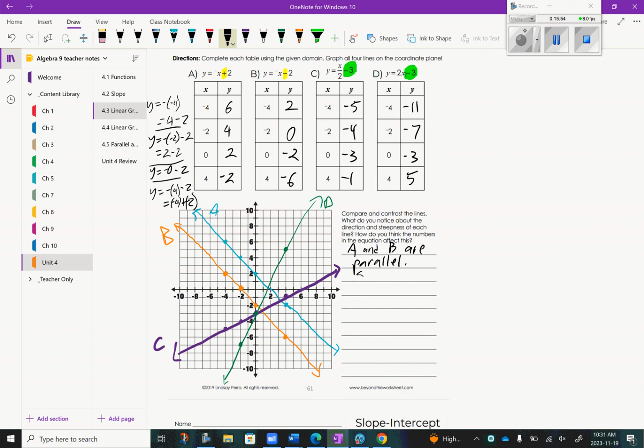The slopes are both negative. They cross both the x and the y-axis at different spots.